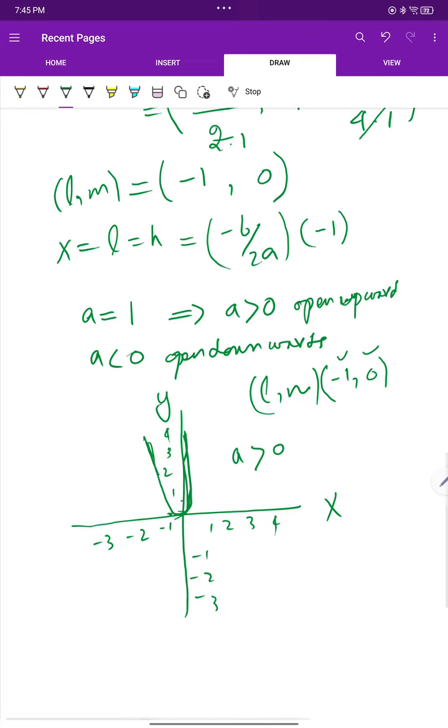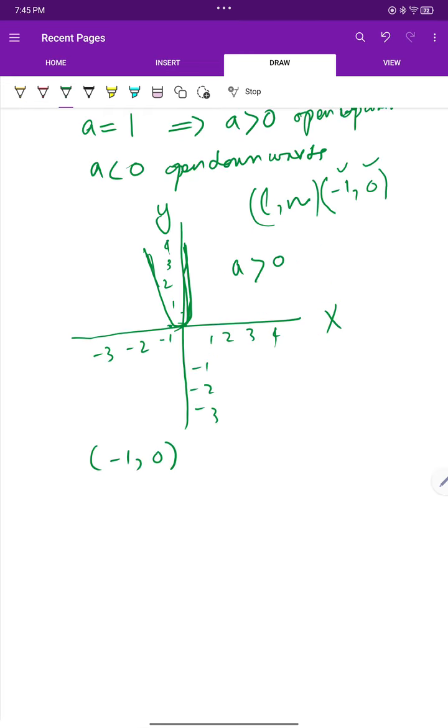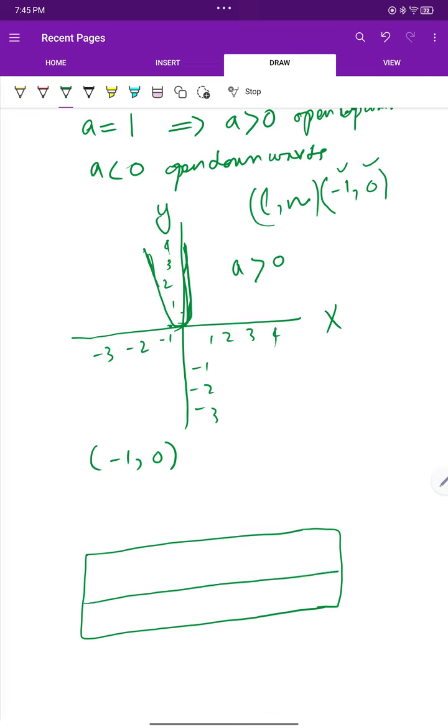So like you got the first value, we got -1 and 0. Then for the other values, you have to draw the table. So let's say when x is equal to -1, we got the y value.